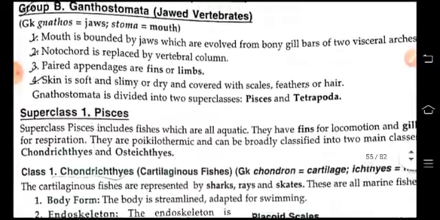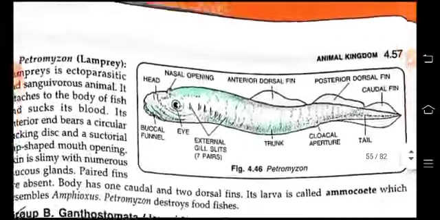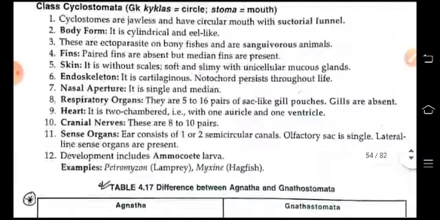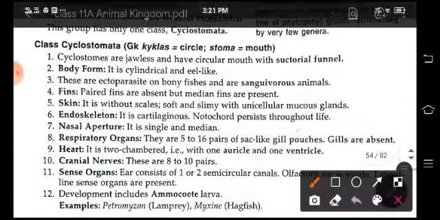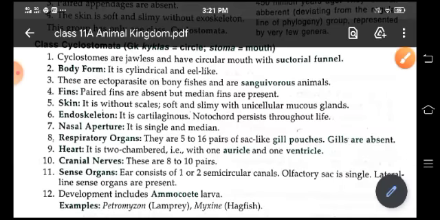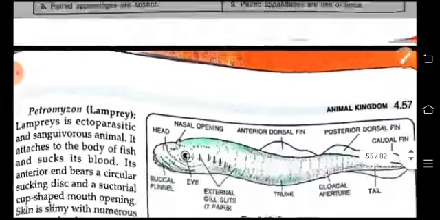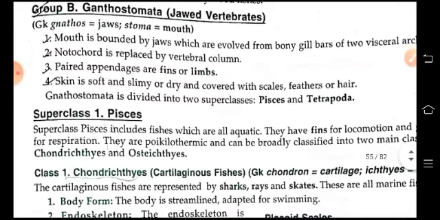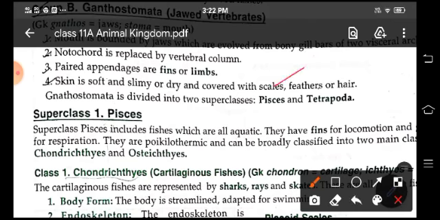Now in this, children, Agnatha is divided into only one class, and that is the Cyclostomata. Whereas Gnathostomata are divided into two superclasses, Pisces and Tetrapoda.